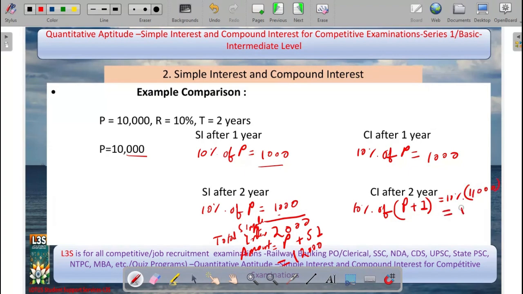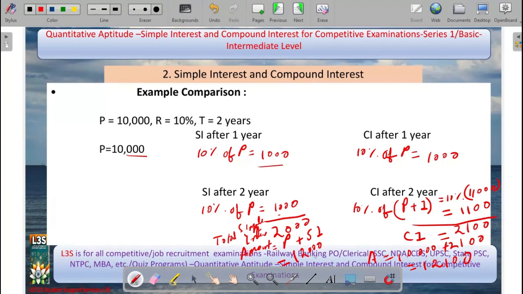So this will be 1,100. So CI after 2 years will be 1,100 plus 1,000, that will be 2,100. And what will be the amount? Amount will be 10,000 plus 2,100. That should be 12,100.